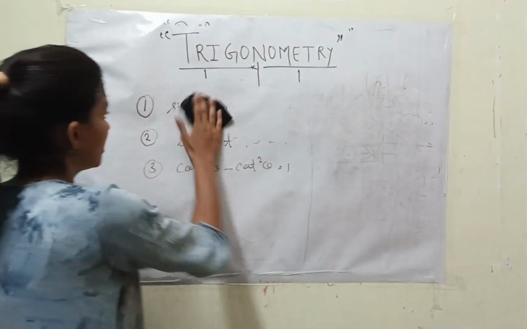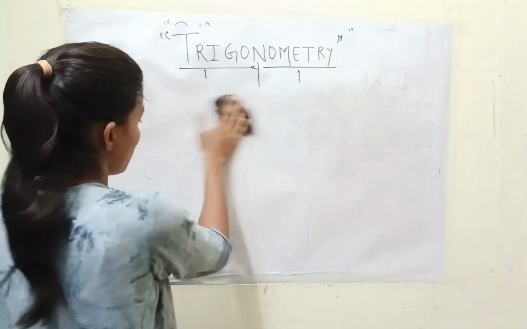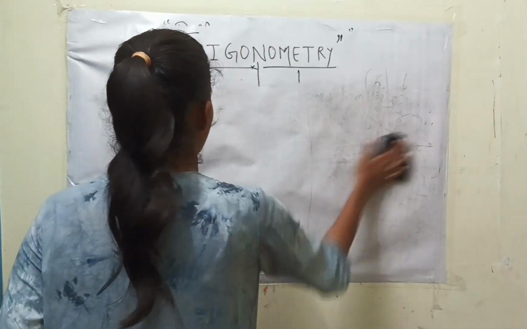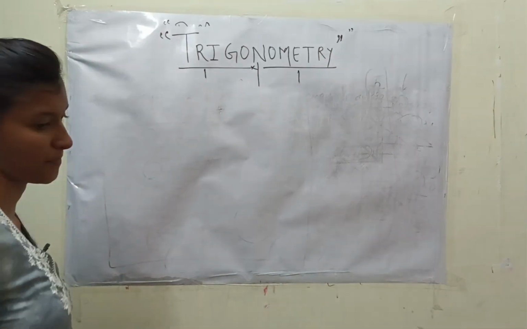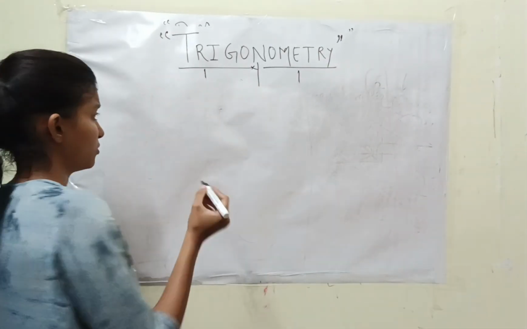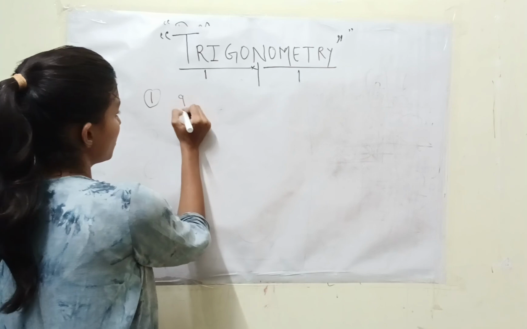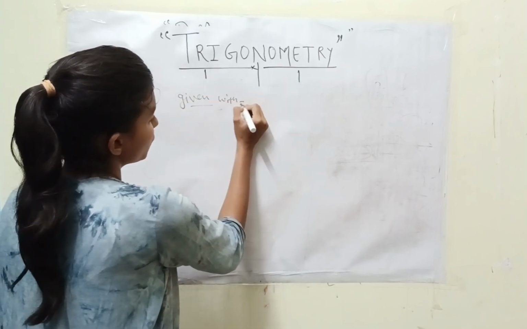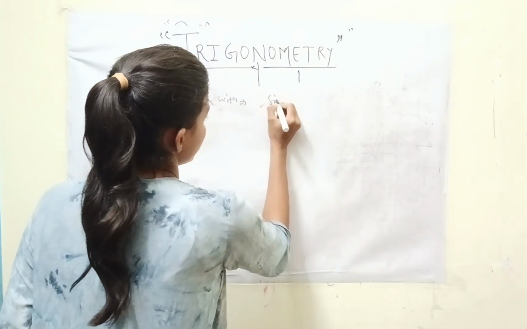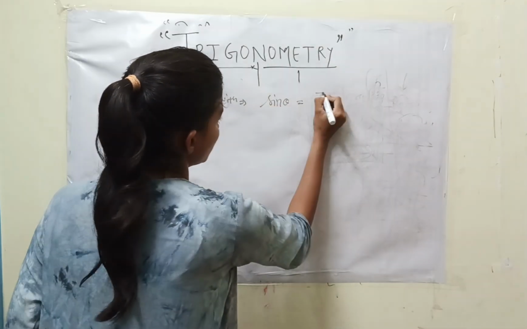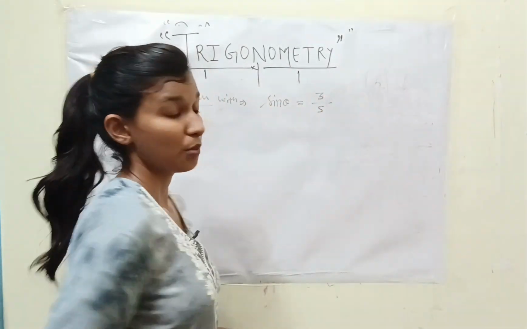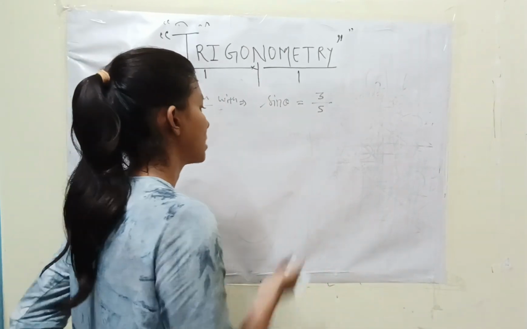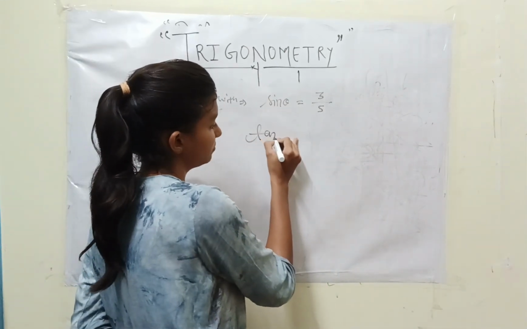Now, we are given some numerical problems. Suppose in some question, we are given one trigonometric ratio, which is sin theta is equal to 3 by 5. But we are required to use another trigonometric ratio. Suppose we are required to find tan theta.